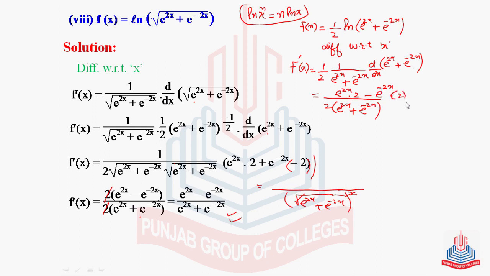So taking common 2 and then cancelling out with this 2, we have just e^{2x} minus e^{-2x} divided by e^{2x} plus e^{-2x}, which is the same thing which we calculated in our question.